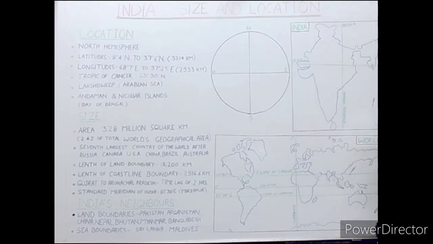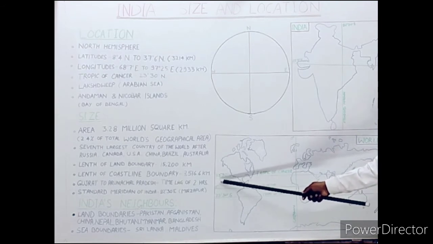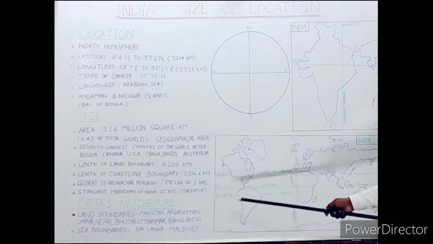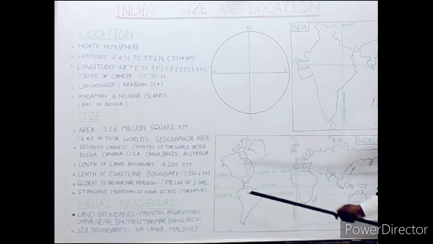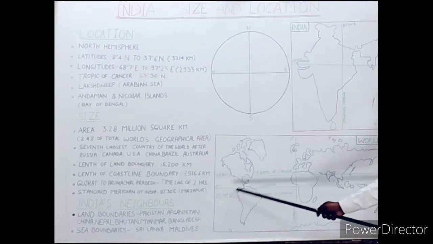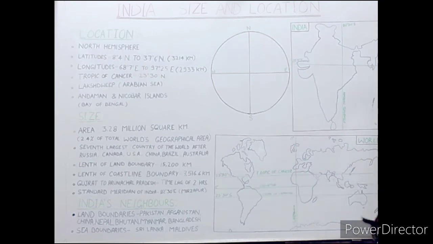Now we see in the world map where our India is found. Here is 23 degree 30 minutes north, the Tropic of Cancer, 0 degree equator, and 23 degree 30 minutes south, the Tropic of Capricorn.